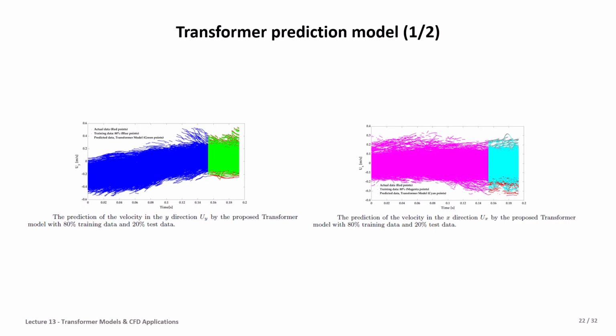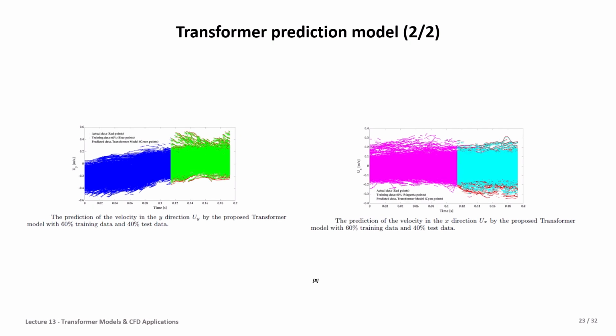Here you can see the result of the transformer model's prediction. With an 80% ratio of the data for training, we can see how well the prediction matches in the test part of the model, one for the x direction and one for the y direction of the velocity.